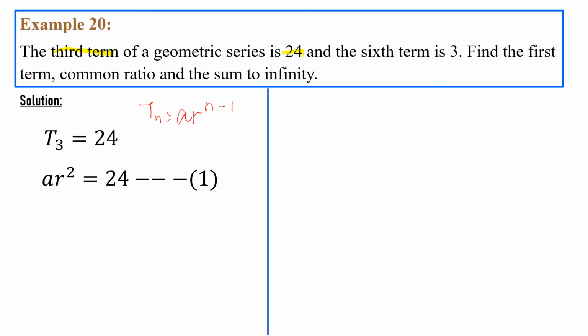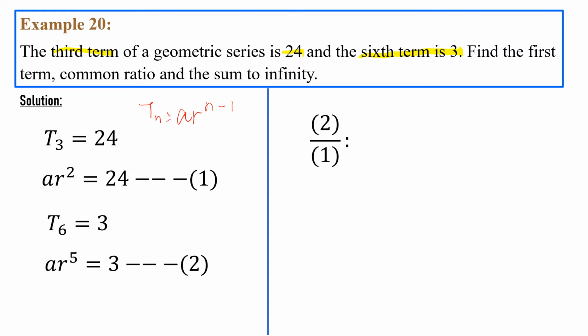The question also gives us the sixth term is 3, meaning that T6 equals 3. Substitute into the formula of Tn and we get our second equation, which is ar to the power of 5 equal to 3. Solve these two equations. Let's say I choose equation 2 divided by equation 1.